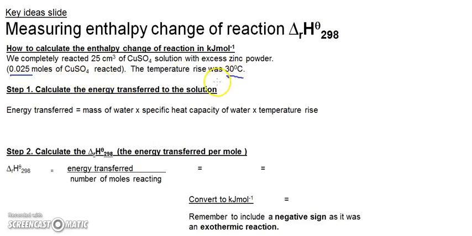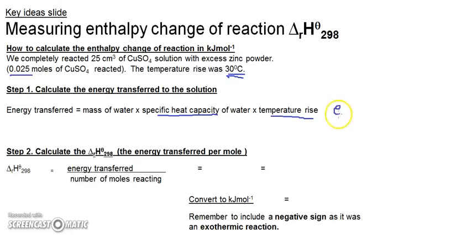And the temperature rise that we measured was 30 degrees centigrade. So here's how you carry out the calculation. First of all, you need to use this important equation. Energy transferred equals mass of water times specific heat capacity of water times the temperature rise. You should be familiar with this from GCSE.